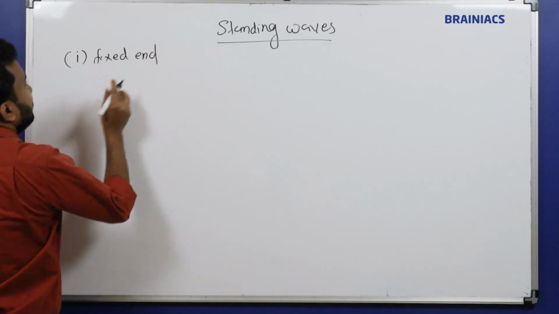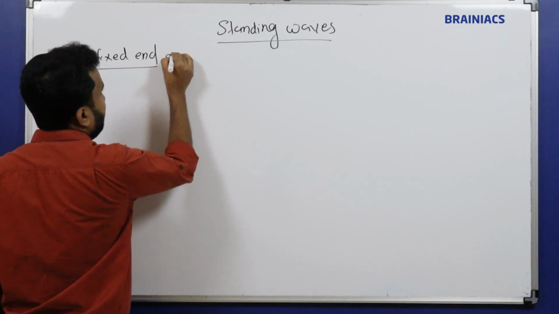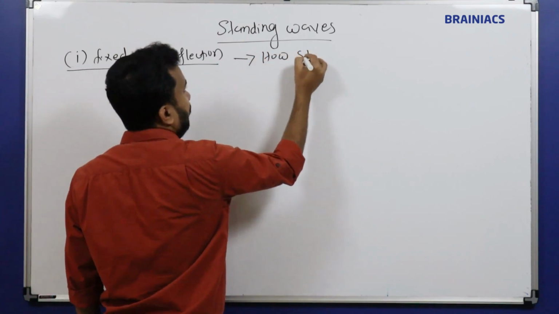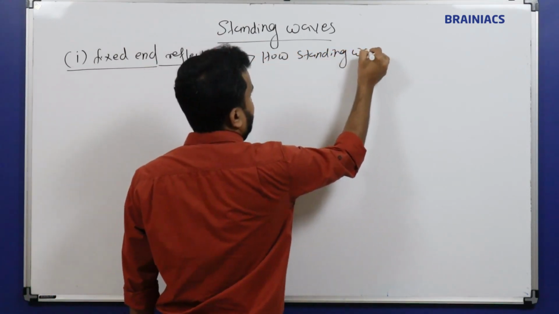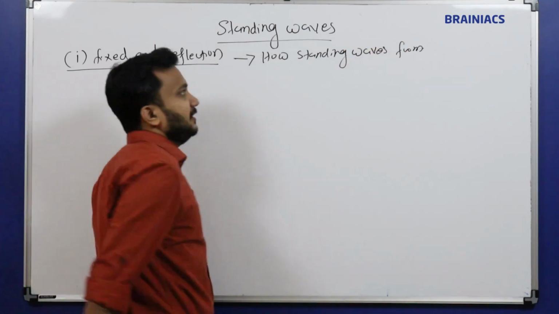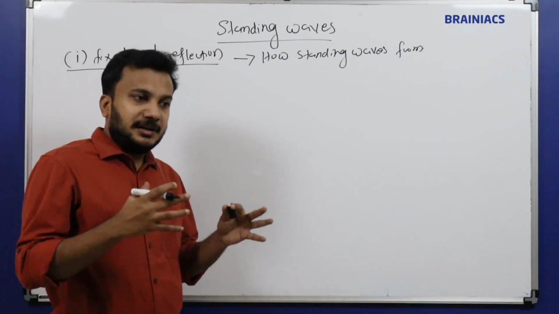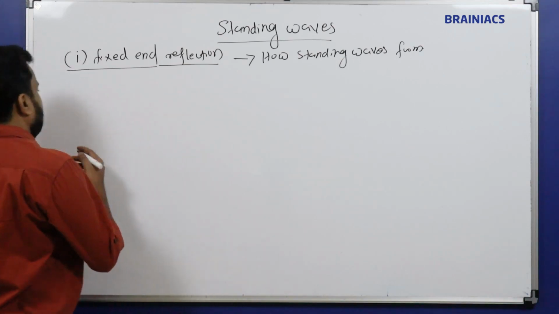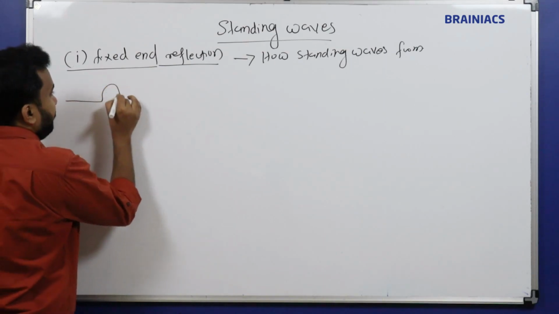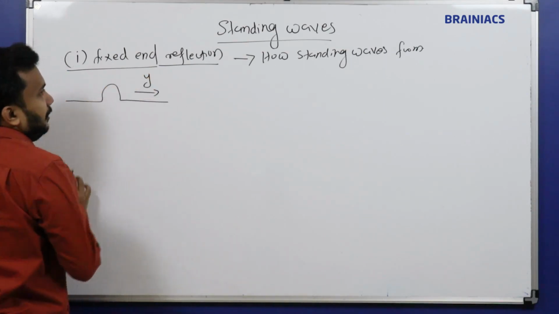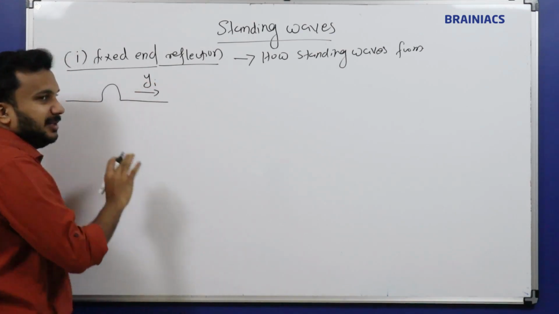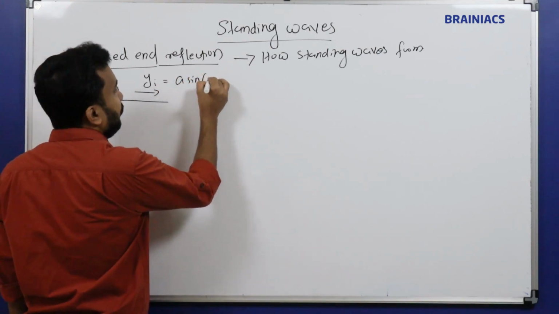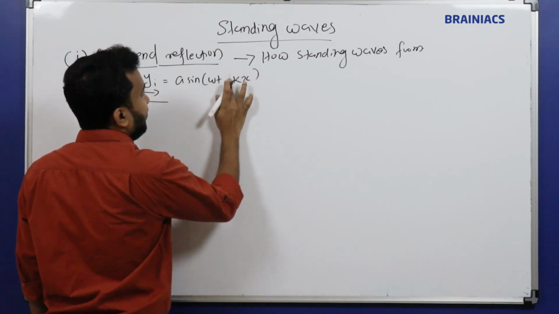If there is a fixed end reflection, how do standing waves form? Now we know what a fixed end reflection is. Take a forward wave, the initial or incident wave, whose equation is y_i = a sin(ωt − kx).